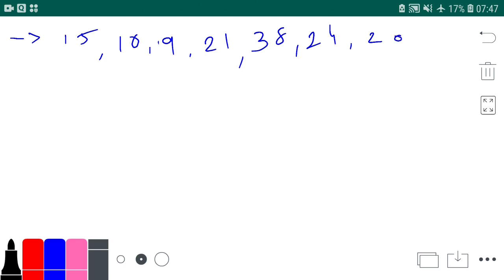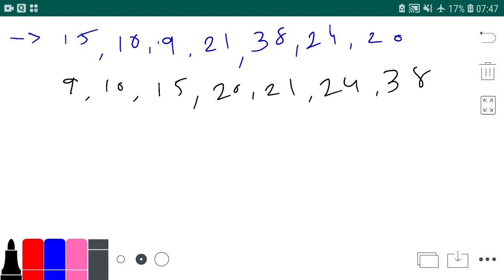Now what is the very first thing? You need to convert all this in ascending order. You must not forget, if we are doing median, then by default everything should be in a straight line. So it's 9, 10, then 15, then 20, 21, 24, and 38. So these are in arranged order.